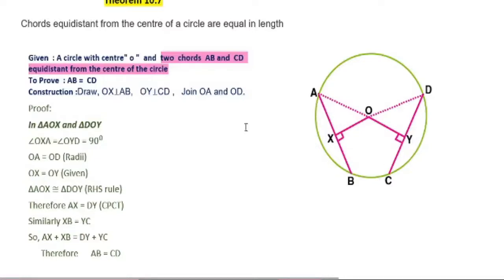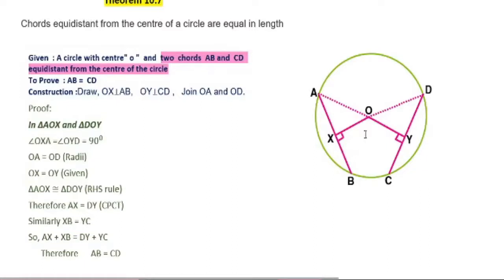So here we can write, given a circle with center O and two chords AB and CD equidistant from the center of the circle. Equidistant means OX equal to OY, and we have to prove AB equal to CD. Now we have to do the construction.